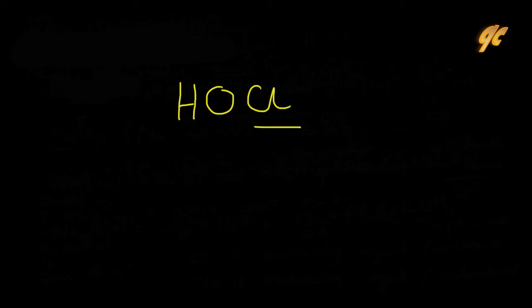So in this example, hydrogen has got an oxidation state of +1, and there's only one of them. Oxygen has got an oxidation state of -2, and there's only one of them. The overall charge is 0. Therefore, chlorine must have an oxidation state that when these things are added together equals 0. So +1 plus -2 is -1. Therefore, the oxidation state of chlorine must be +1.